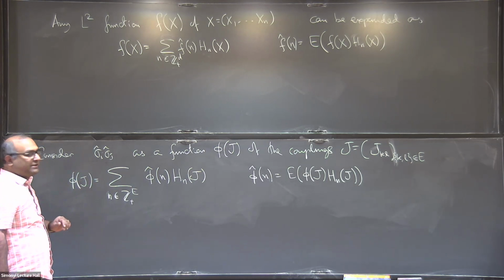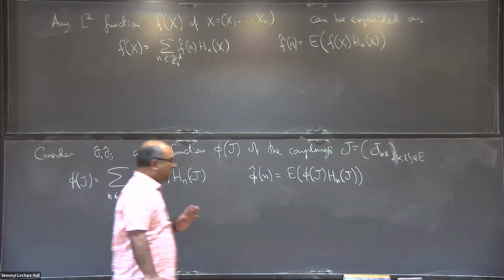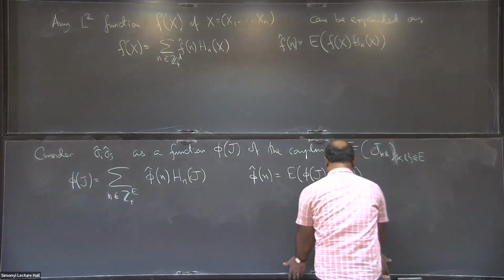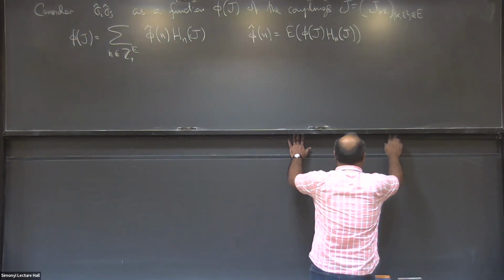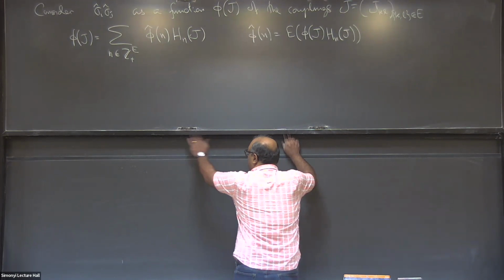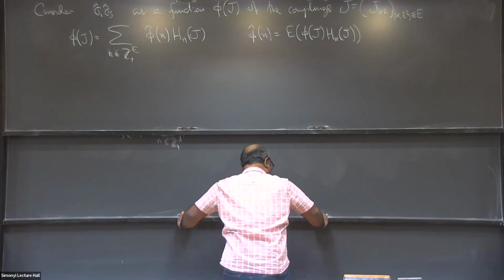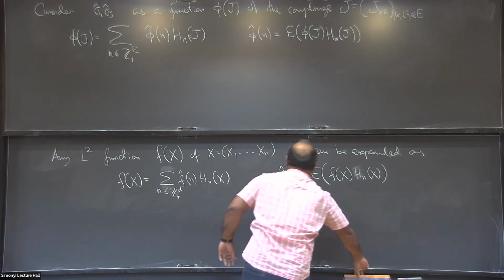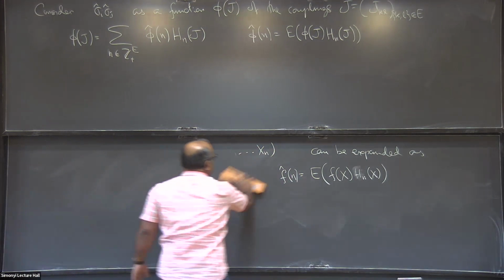So you have this expansion. Now, what good is this expansion? Here is the main lemma. And then we'll use some further properties of Hermite polynomials. So till now, I've just used that they form an orthonormal basis, and I'll use something else soon.